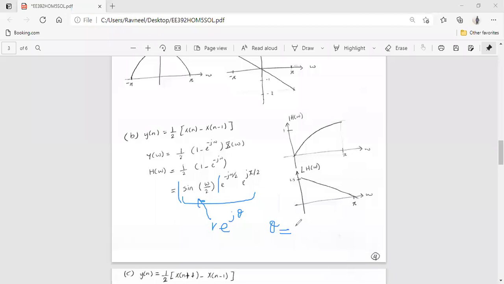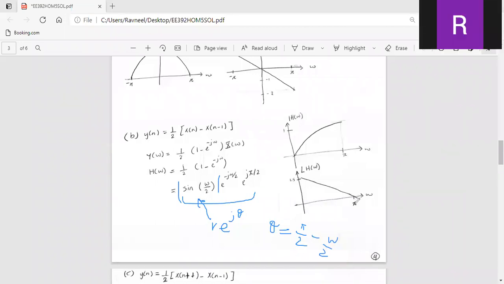The theta part can be represented by pi upon 2 minus omega upon 2. Okay, so this is basically my phase response. So when omega is equal to pi, it will become pi upon 2 minus pi upon 2. So that is what we are getting, that is 0.